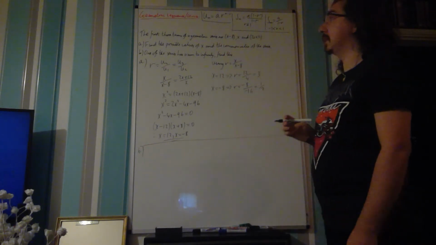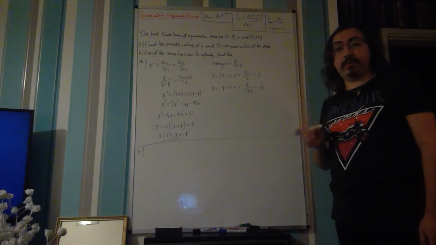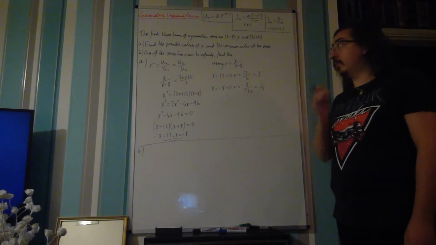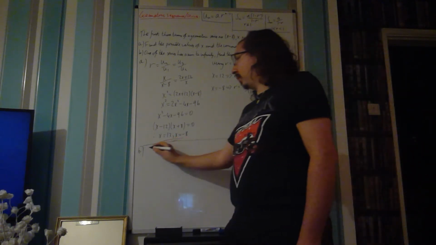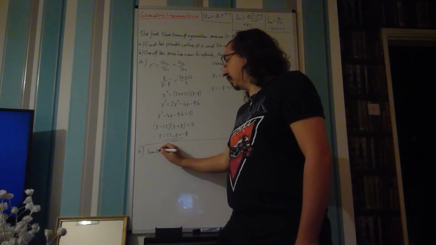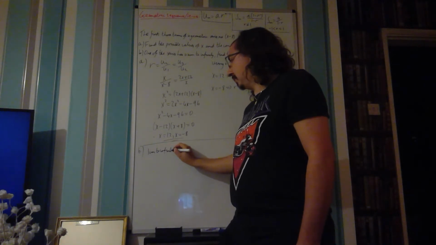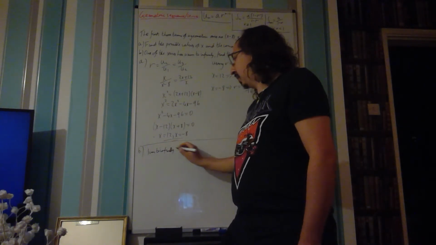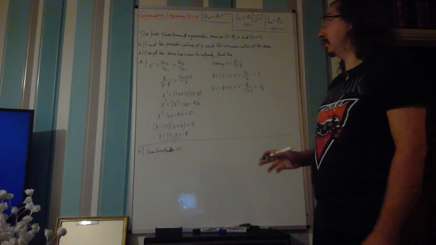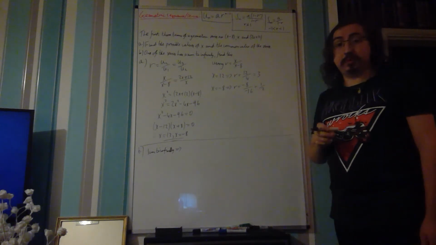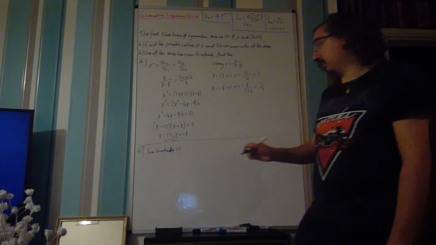Part B then says one of the series has a sum to infinity. Find this. So if we have a sum to infinity, that tells us something about our geometric series. For it to have a sum to infinity, it must converge.